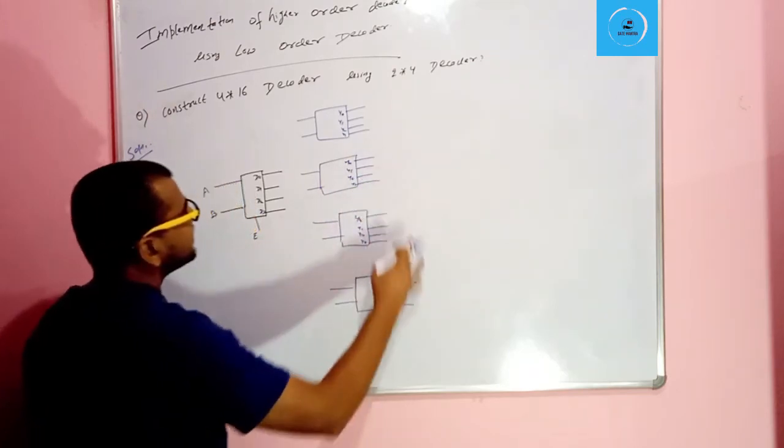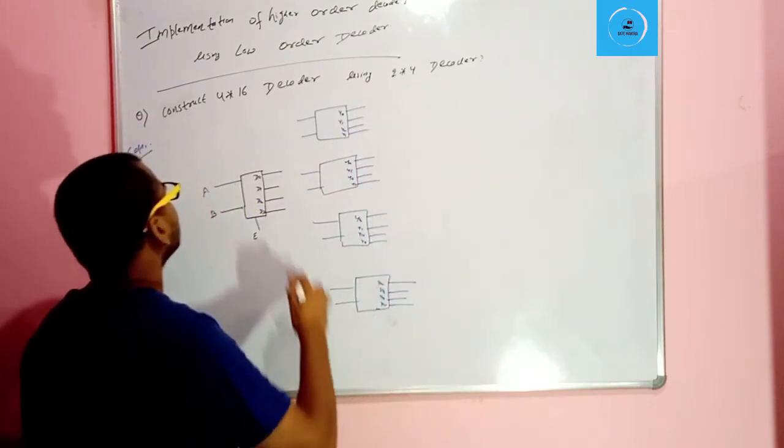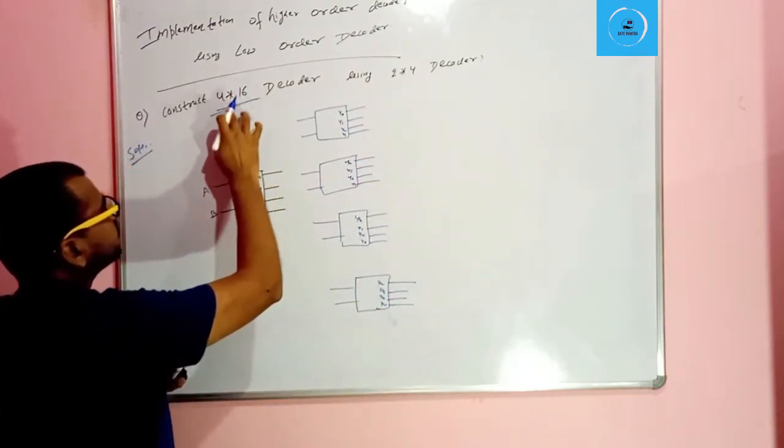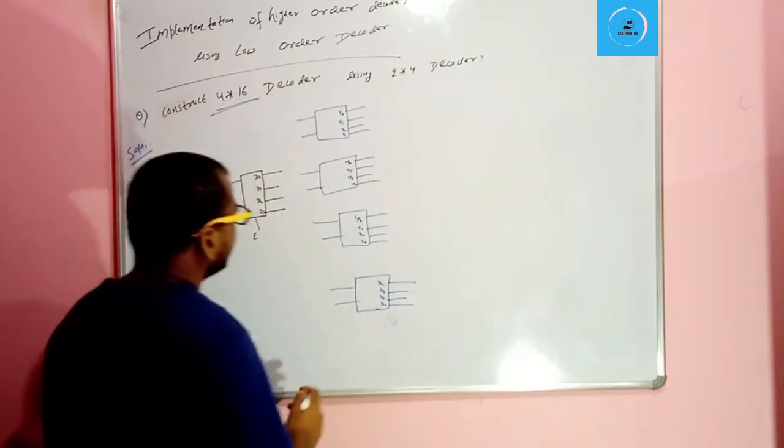In total there will be 16 outputs, because we have constructed this 4 to 16 decoder using 2 to 4 decoders.